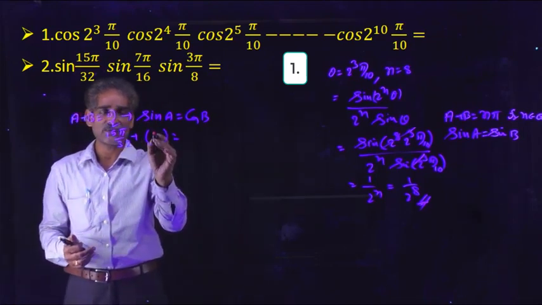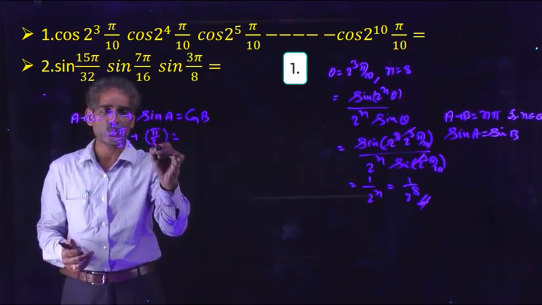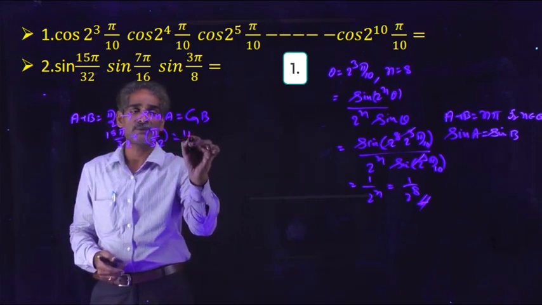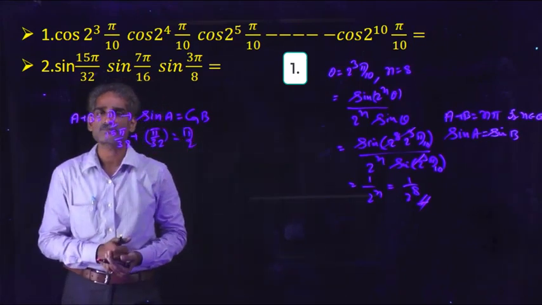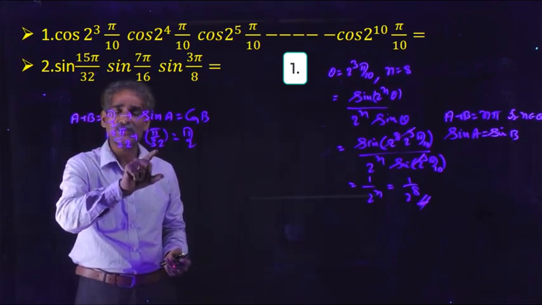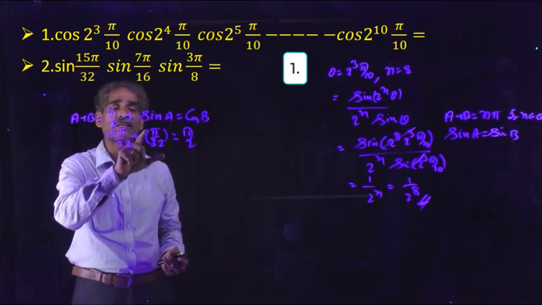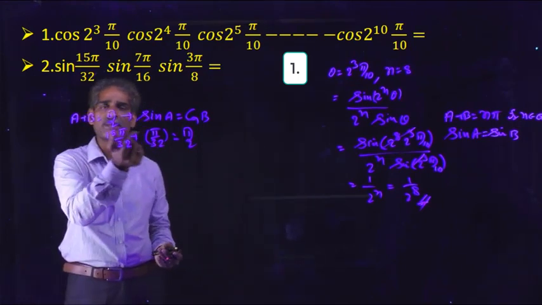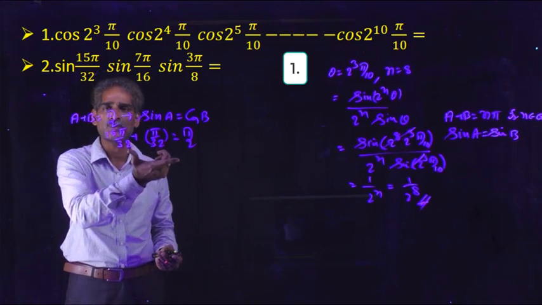That means the required angle is pi by 32. 15 pi by 32 plus pi by 32 is equal to pi by 2, since the denominator is the same.